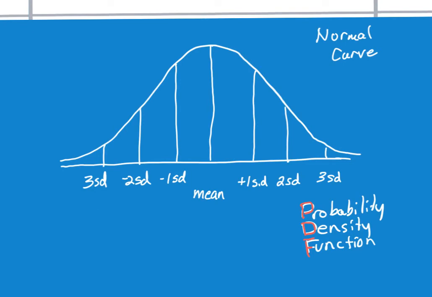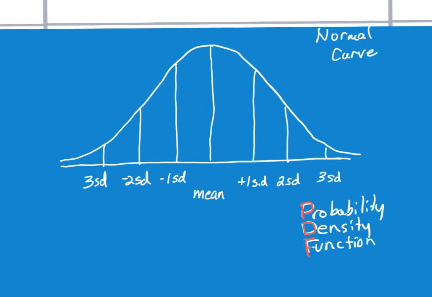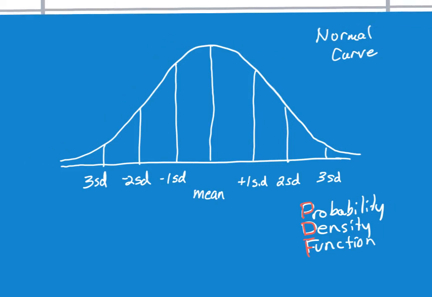Okay, let's see. Does this follow the rules for it being a probability density function? I believe I already told you that the area under this curve, the normal curve, is always considered to be 1. Okay, 100% of the outcomes for any trial will be shown under this normal curve. So the area is 1, and all of the probabilities are greater than 0 because this normal curve never touches, although it may appear to get very, very close, and it does get infinitely close, but it never touches this line, which represents 0.